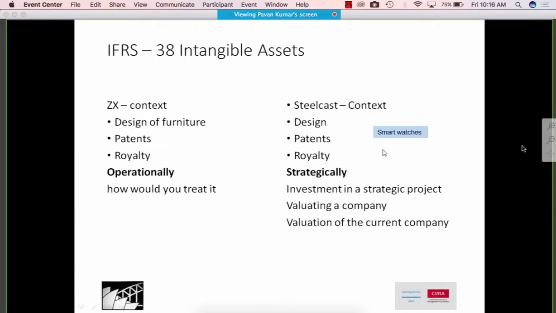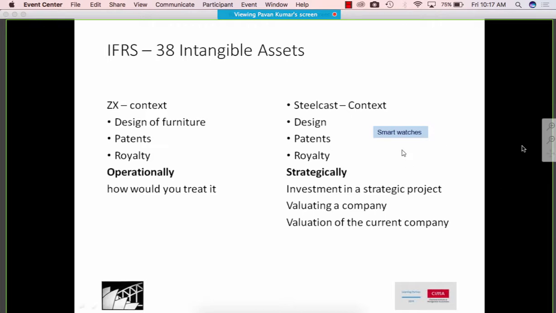Now, Steelcast has its own way of designing and assembling the watches, which is evident from the case study. Now, if Steelcast were to get into the smartwatches, which is the latest trend now, in order to stay relevant and survive and thrive in the competition in the industry, then probably at some point in time, Steelcast will also have to venture out into smartwatches.